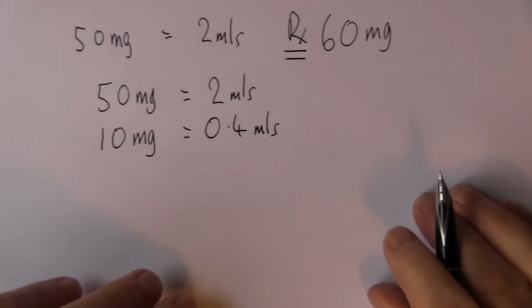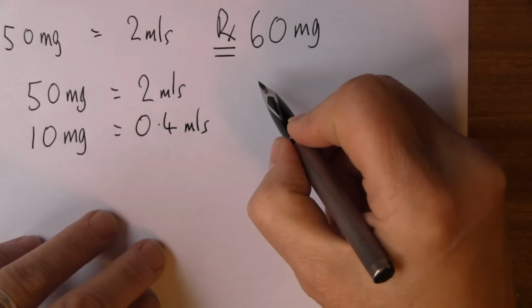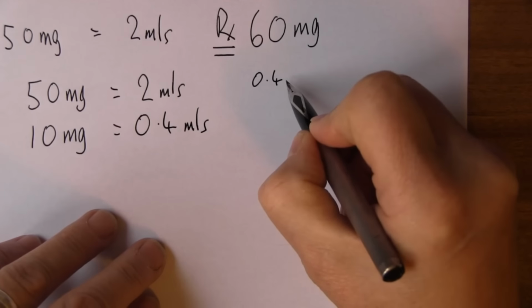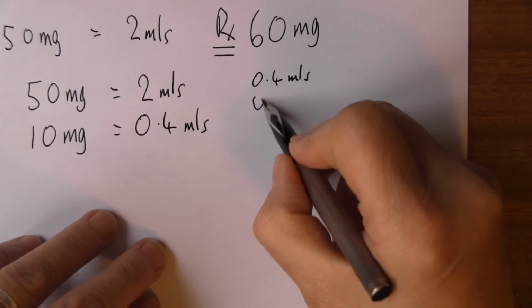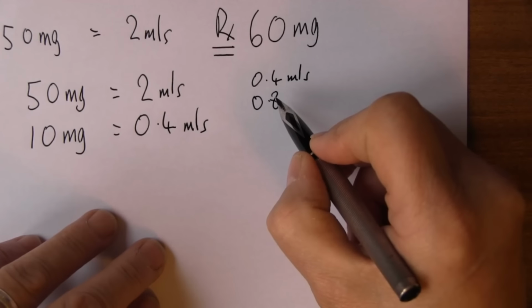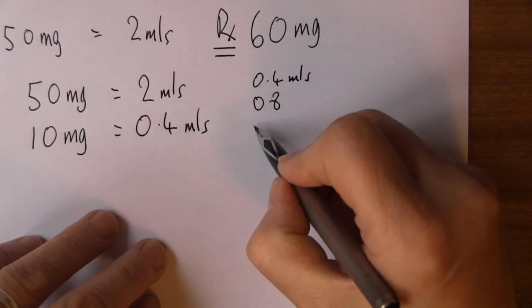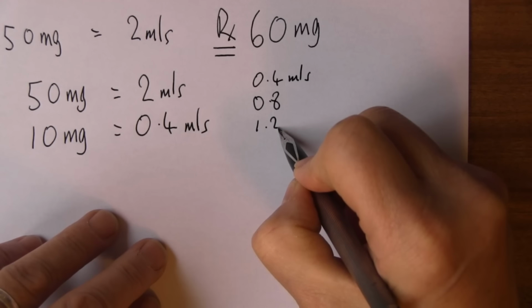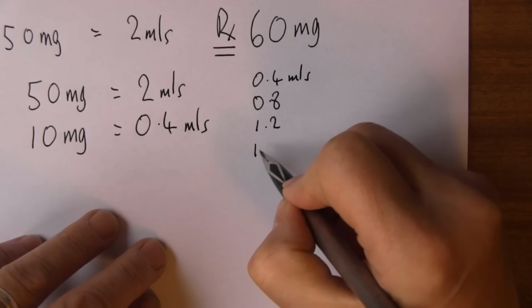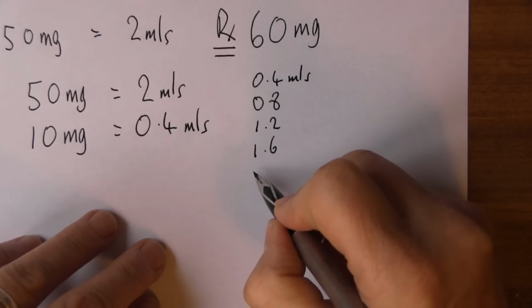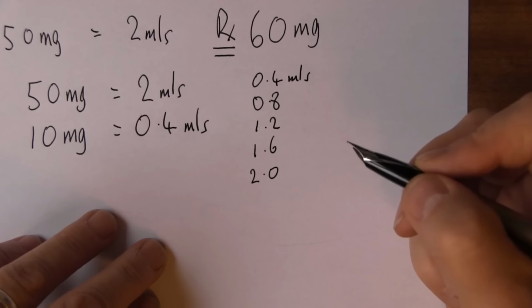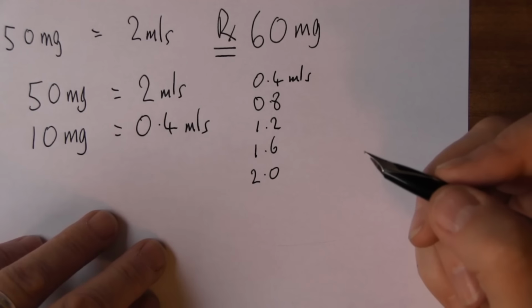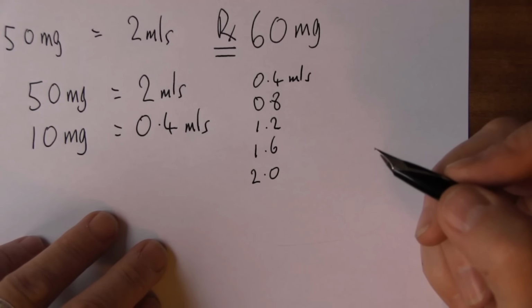Now, if you can't quite see that, just think of it like this. There's 0.4 mils. Then double that and you get 0.8. Then times that by 3, you get 1.2. Then by 4 you get 1.6, then by 5 you get 2.0. This is how simply I try and keep it, because as I say, I'm not a mathematician.